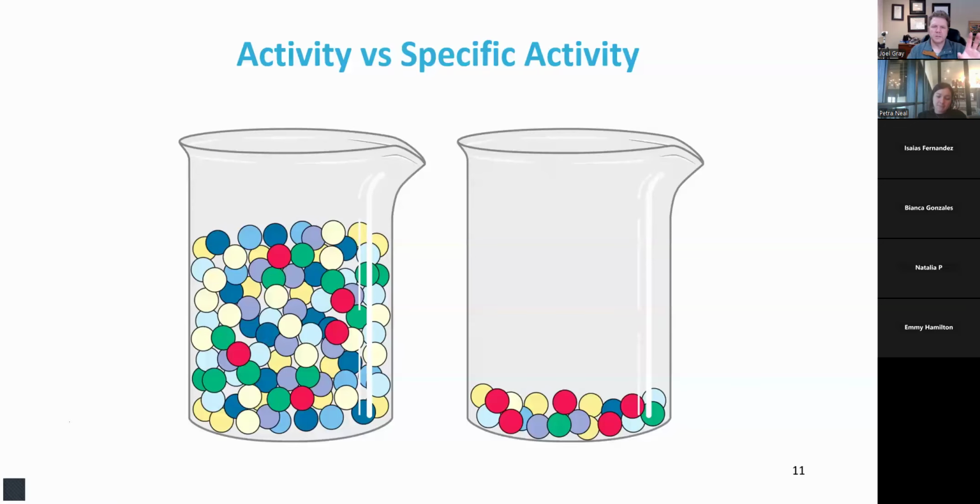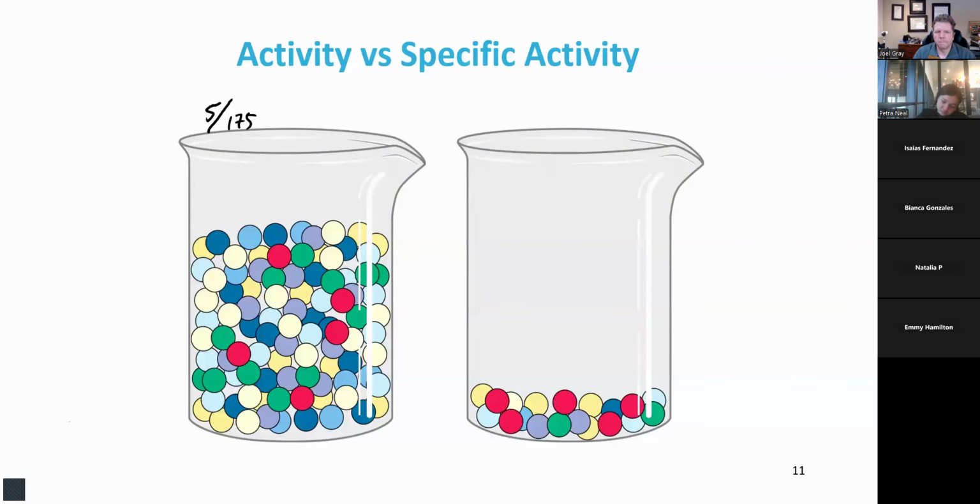So let's say this beaker on the left-hand side, let's say that you wanted to get the red marbles. If you look on the left-hand side, let's say that there's 5 red marbles. And there's, just for the sake of argument, 175 total marbles.